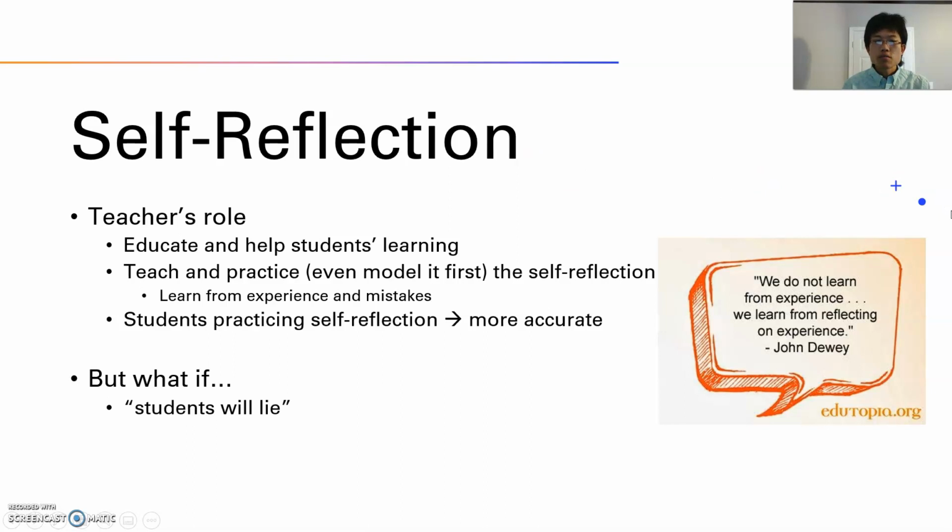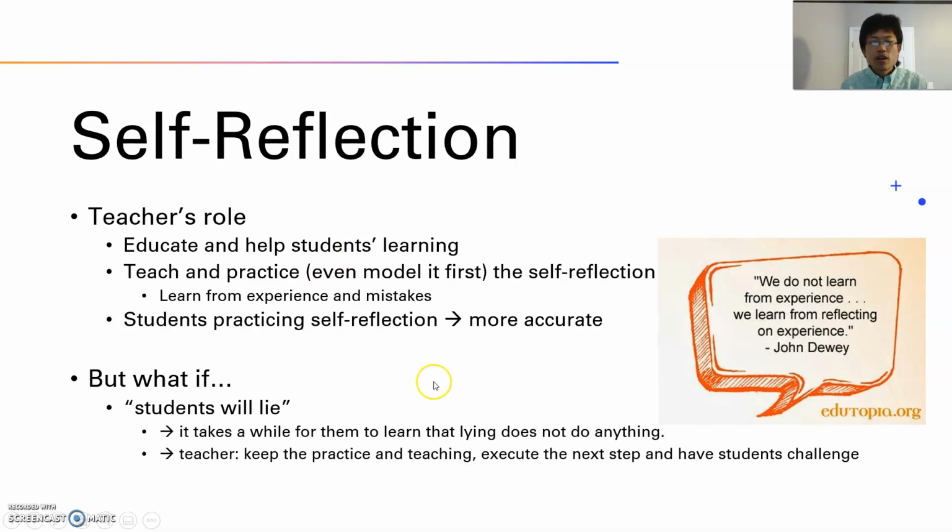But some people might say, what if the students lie, just because they don't want to do it or don't feel like it? It just takes a while for them to learn that lying doesn't do anything here, because self-reflection is not something that they need to show to someone.